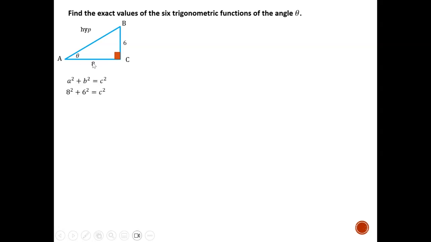So, hey guys, it doesn't matter what the 8 or the 6 are. This can be A or this can be B or vice versa. It doesn't matter. What matters is that C is always the hypotenuse. Here, guys, I just let A be my 8 and B 6. But check this out, guys. In reality, if this is angle B, this is what you're going to learn later on.